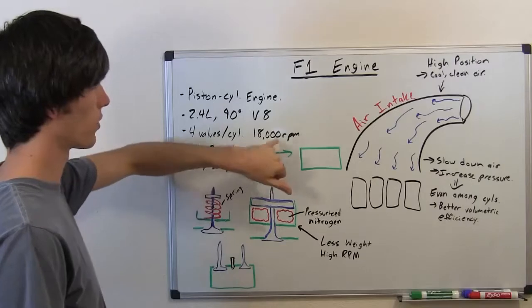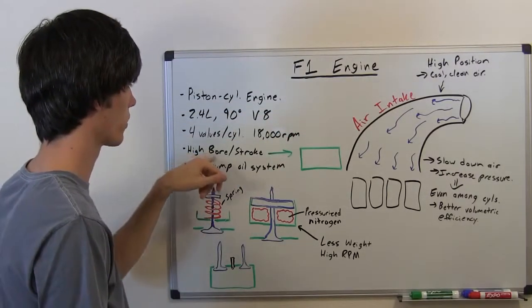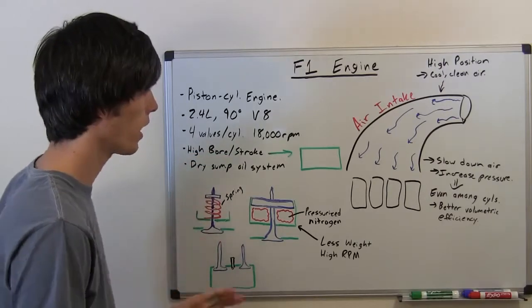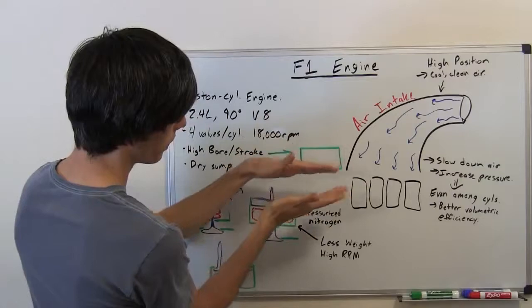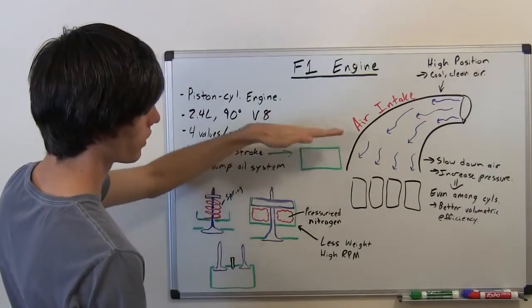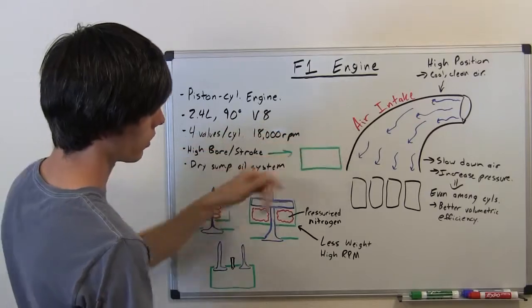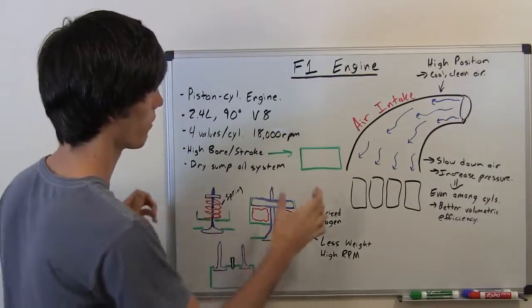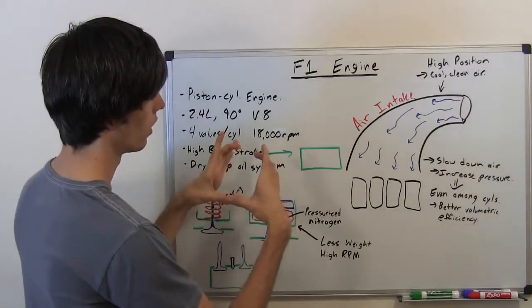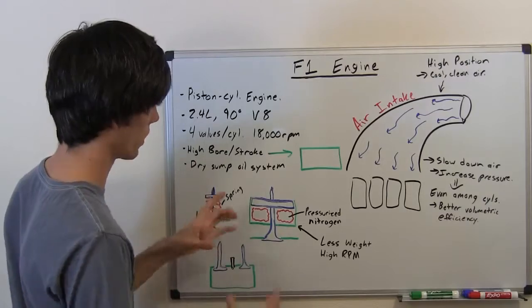So what enables a Formula One engine to rev to 18,000 RPM? Well, it has to do with its bore-to-stroke ratio, which is very high, which means the cylinders are very wide and very shallow, so the piston doesn't have to move all that much between cycles as per revolution. So in a typical car you may have a square bore-to-stroke ratio or even a less than 1 bore-to-stroke ratio.